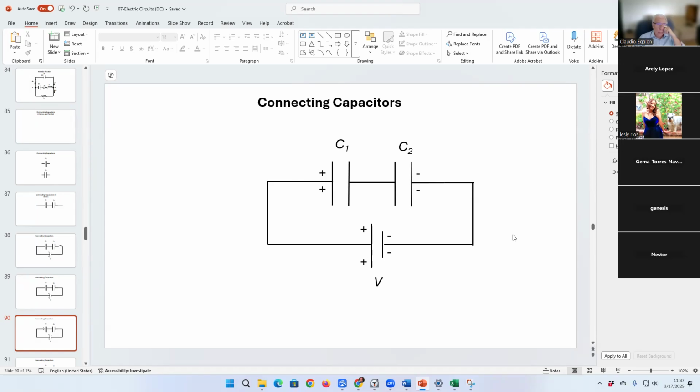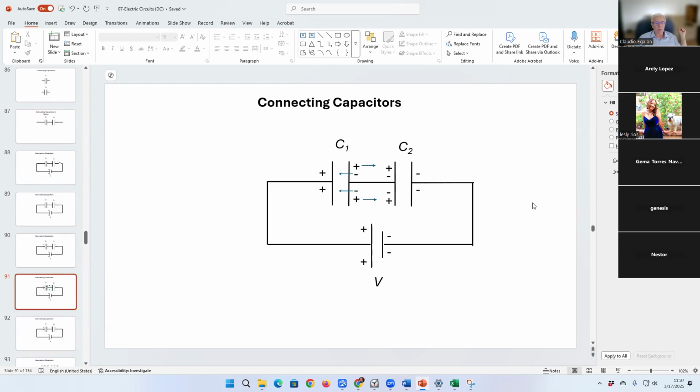And something else is going to happen too, to the other plate of the capacitor. Those negative charges are going to attract the positive charges that are here and repel the negative charges that are in this region.